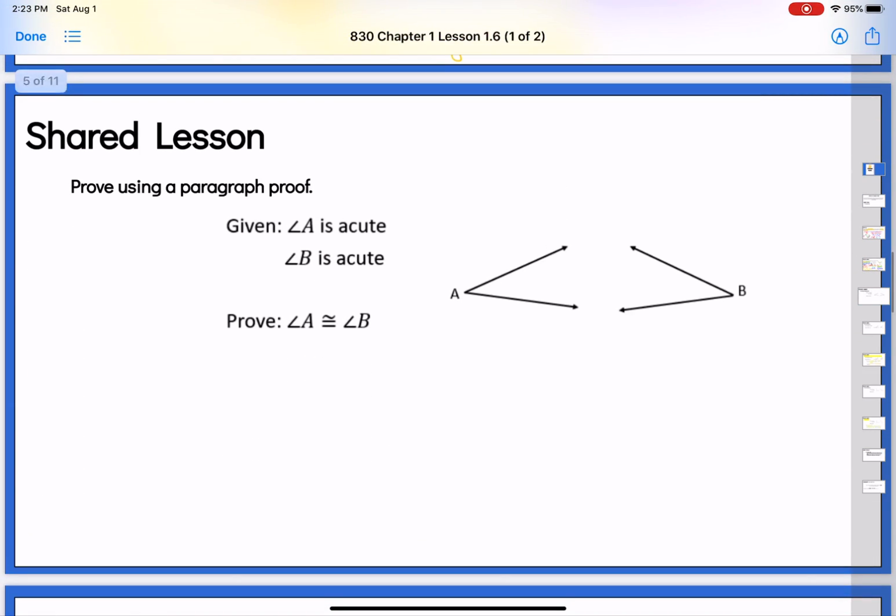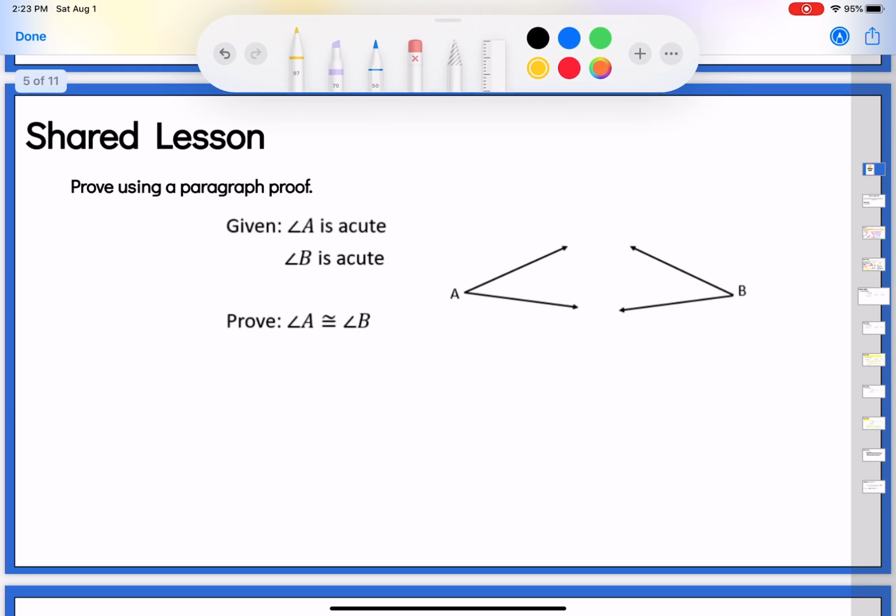Okay, so here's our next paragraph proof. It says, given angle A is acute, there's our little angle, sure does look acute, now we know for sure. Angle B is also acute. It says to prove that angle A is congruent to angle B. Probably when you're looking at this, at first you're like, oh, yeah, they look like they're the same measure.